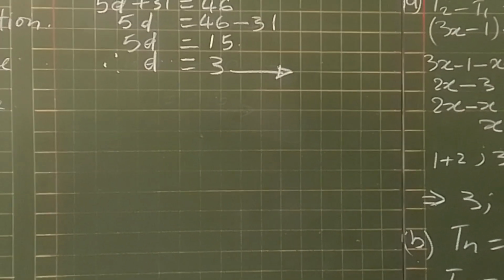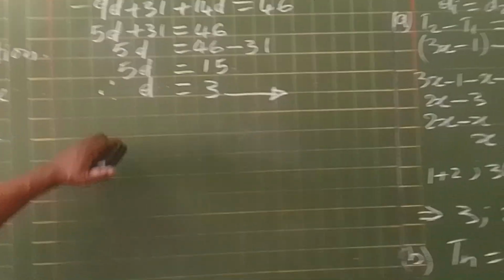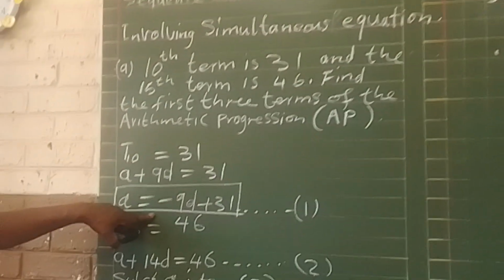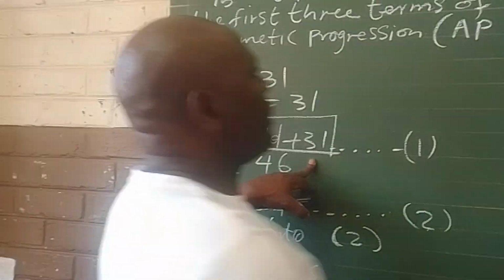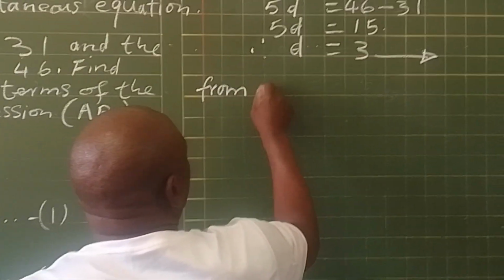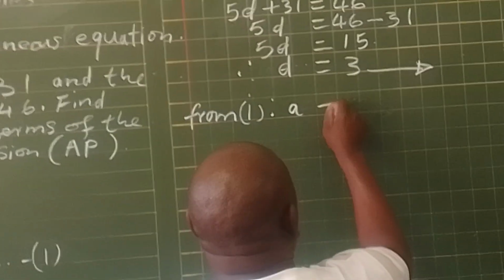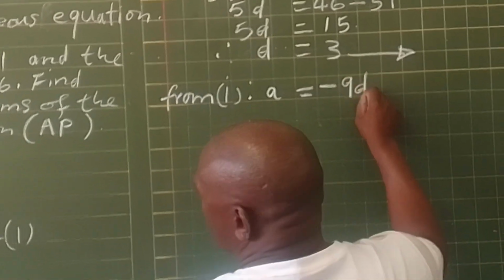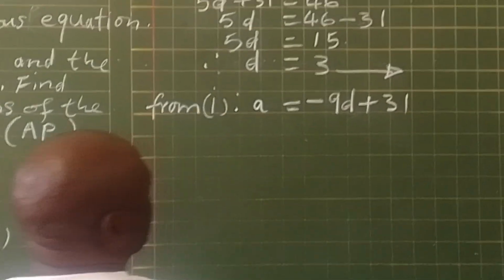Now you find a. Your a was here from equation 1. a is equal to minus 9d plus 31. So from 1, a is equal to minus 9d plus 31.